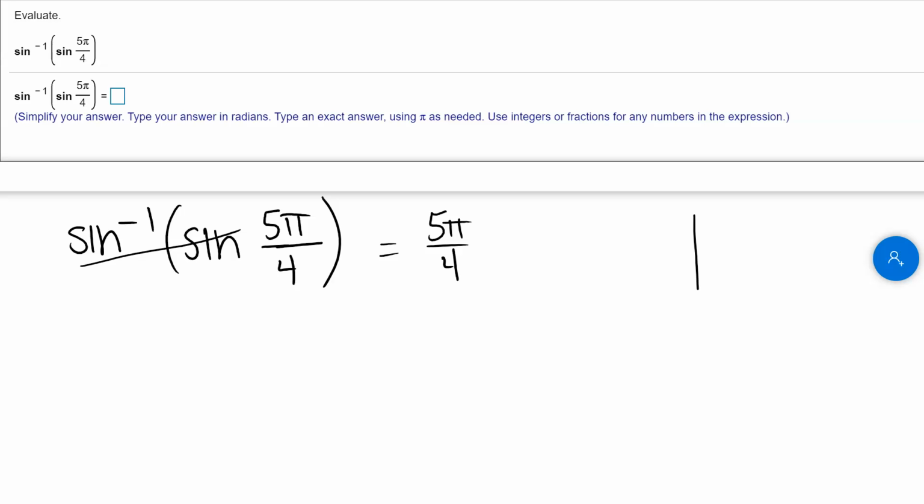Here's the reason it's wrong. 5 pi over 4 is going to be in the third quadrant. I know sine inverse will never, ever spit out an angle that is in the third quadrant. It spits out angles only in the first or the fourth quadrant. So it doesn't make sense that this would equal 5 pi over 4. So that's not the answer.